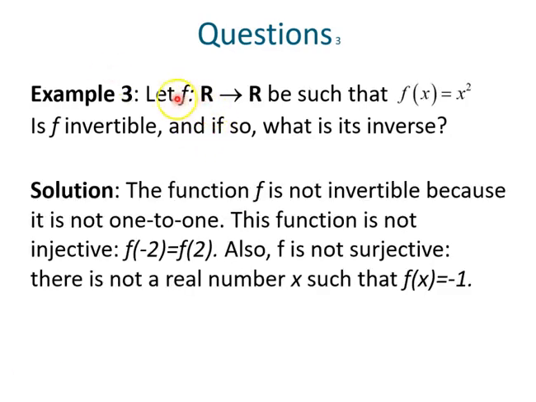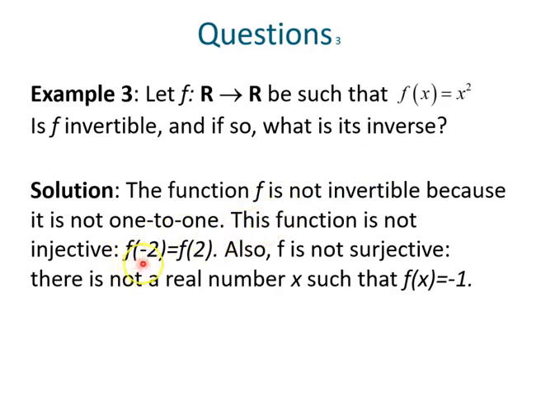In this example, f is a function from the real numbers to the real numbers, and it is defined with this equation, f of x is equal to x squared for any real x. Is f invertible, and if so, what is its inverse? The function f is not invertible because it is not one-to-one.